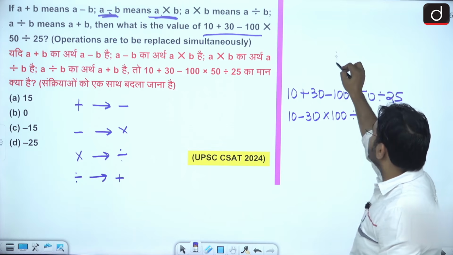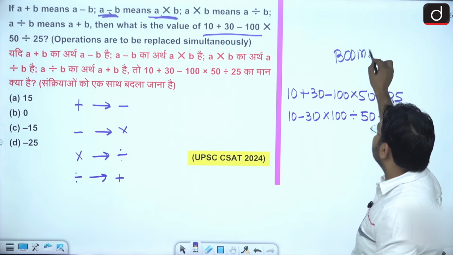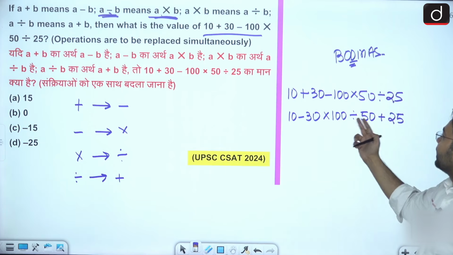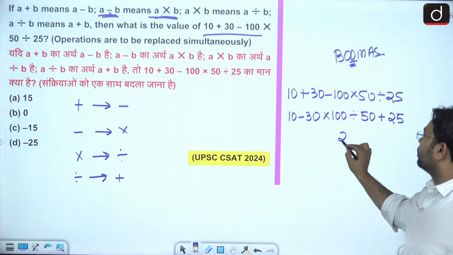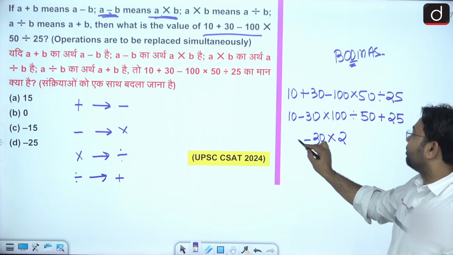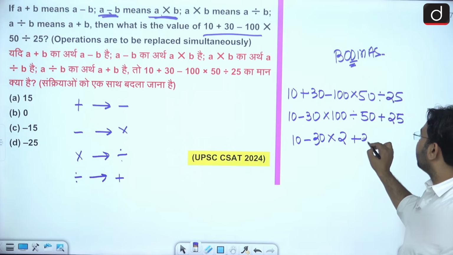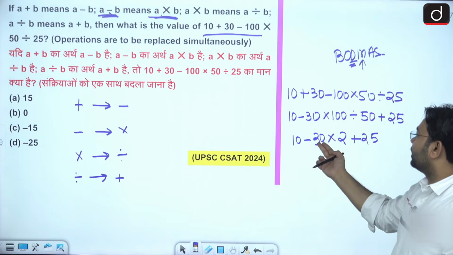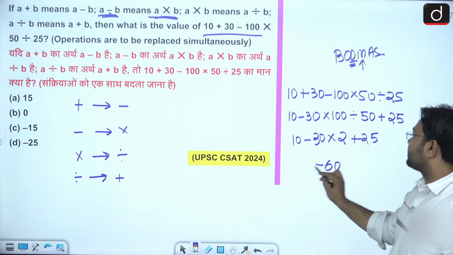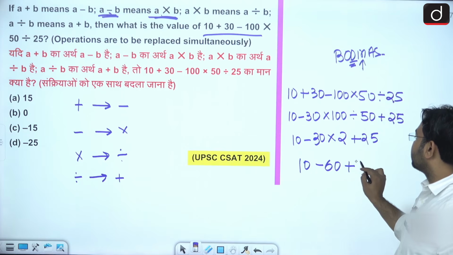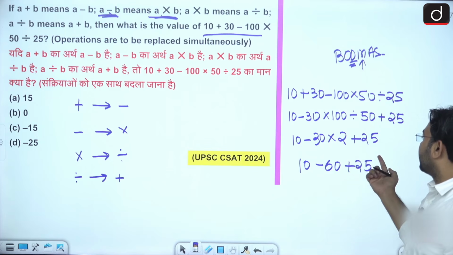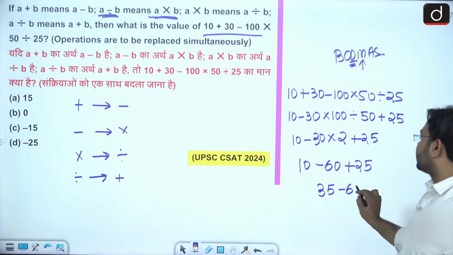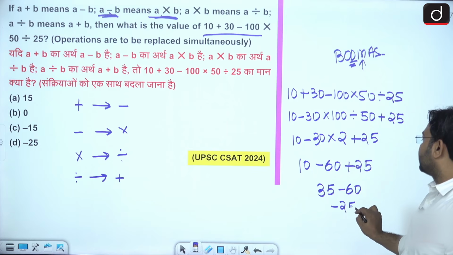So now we will use BODMAS, and in BODMAS you will use first divide, 100 divide 50, 2 into 30 minus 10 plus 20, then we will use multiplication. 30 into 2 is minus 60, this is 10 and this is 25. 25 and 10, 35 minus 60 minus 25.